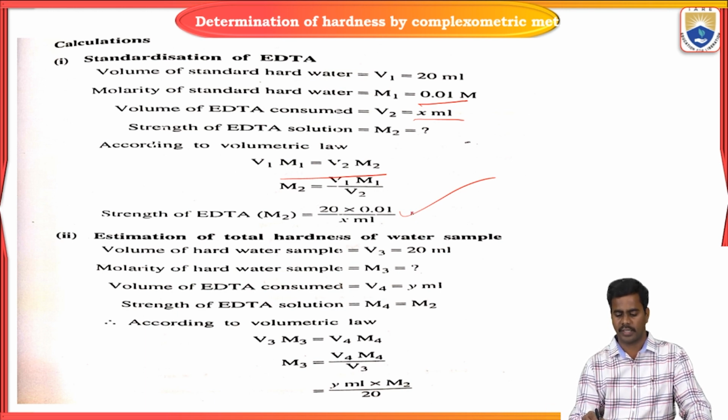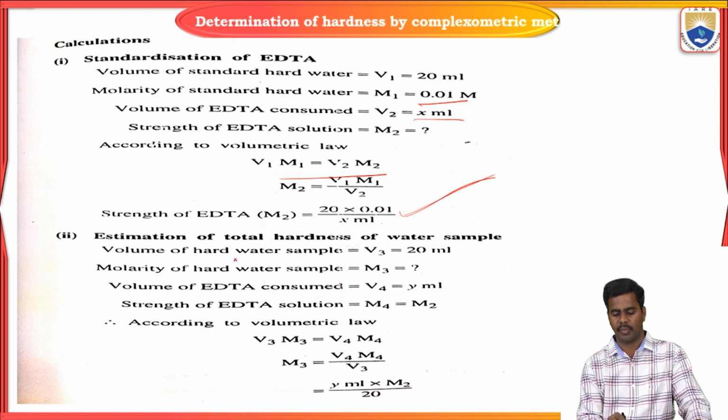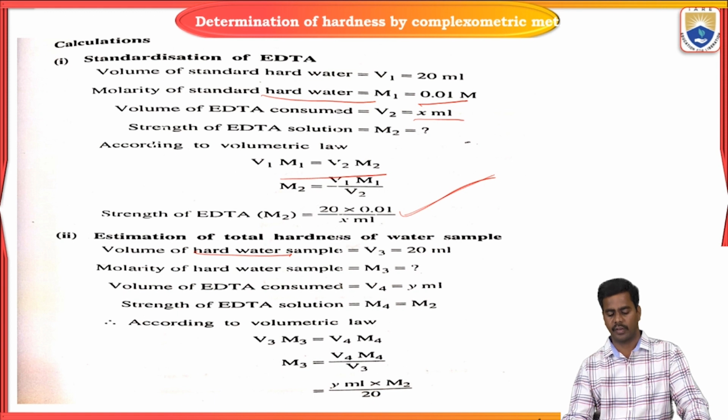After completion of the standardization of EDTA, next we go on to estimate the hardness of water. Here, the volume of hard water: I am going to take hard water in place of MgSO4 in a conical flask, that is V3. How much? 20 ml. So 20 ml of hard water we have taken into the conical flask.